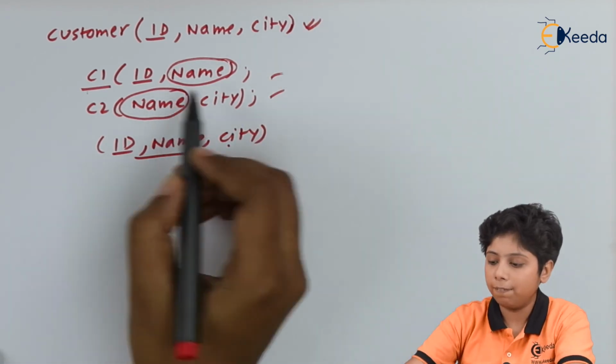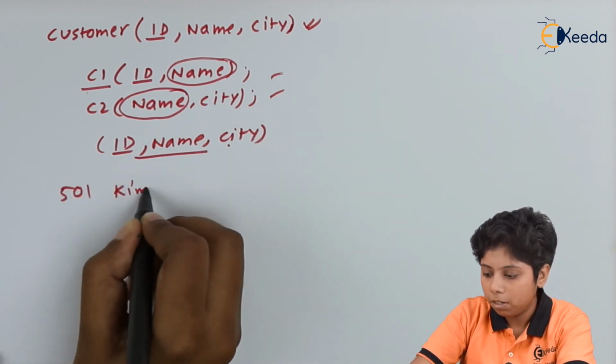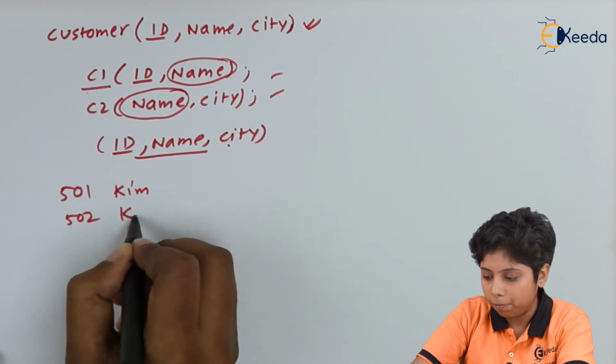So now suppose there is an ID and name, say 501 Kim and 502 Kim.